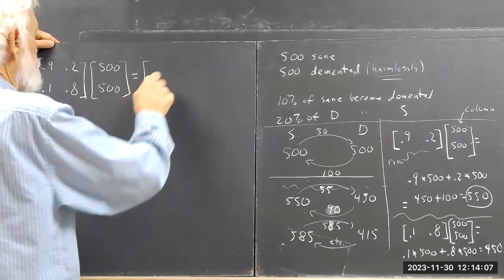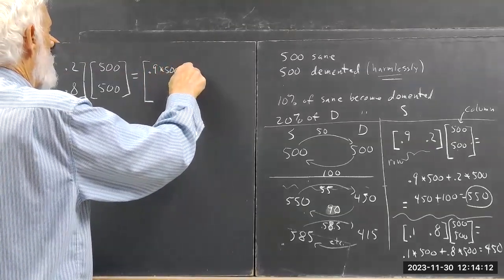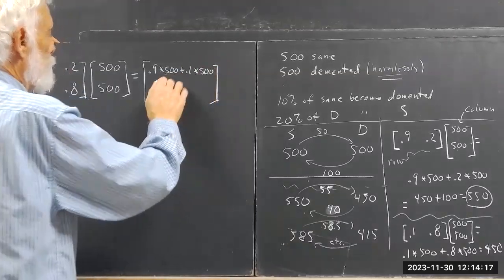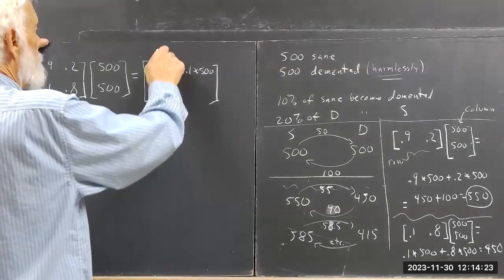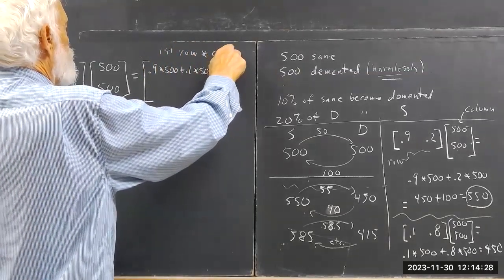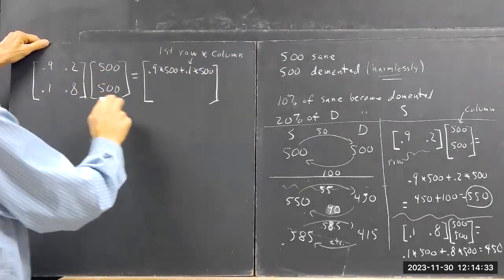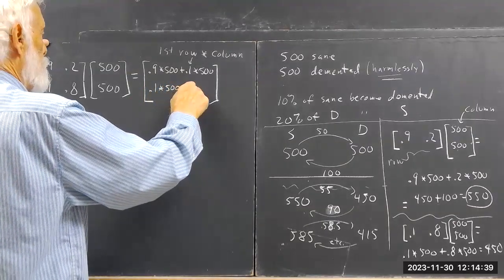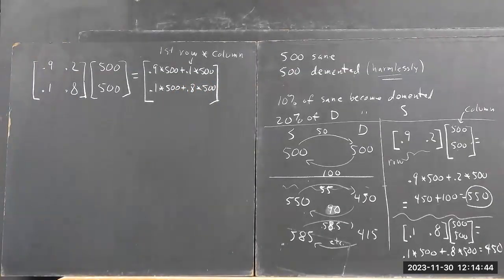Okay? So I get 0.9 times 500 plus 0.1 times 500. Okay, this is the first row times our column. Then 1.8 times 500, 500. And there it is. Okay.